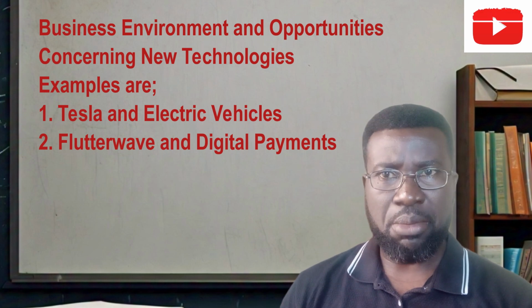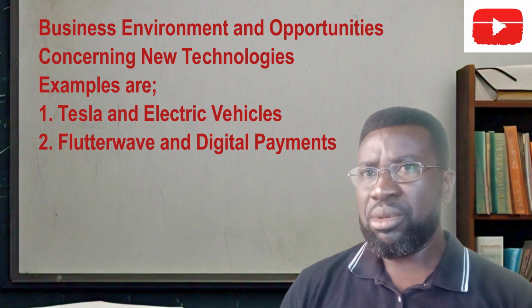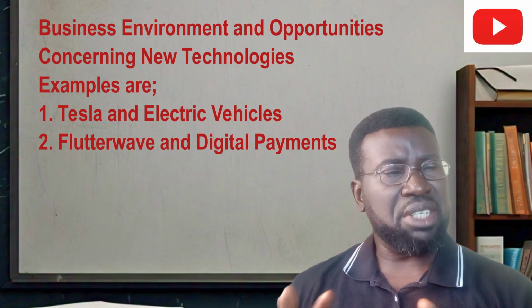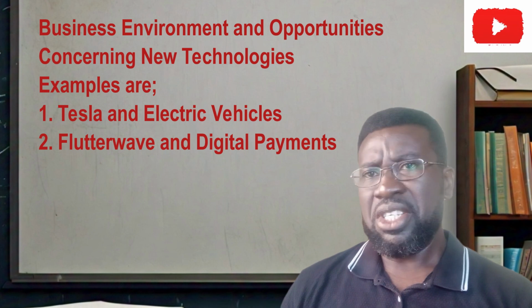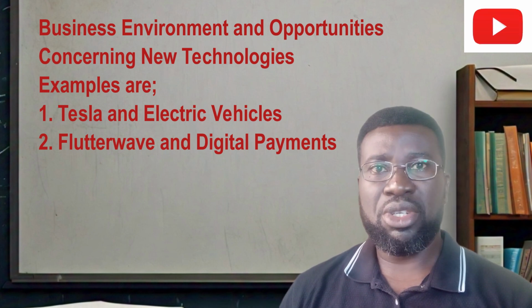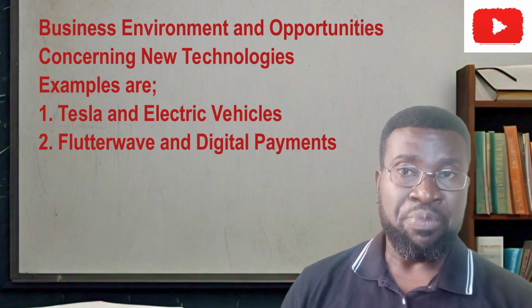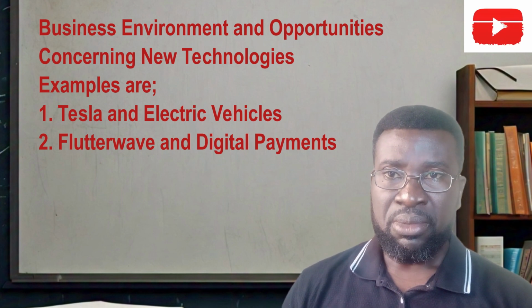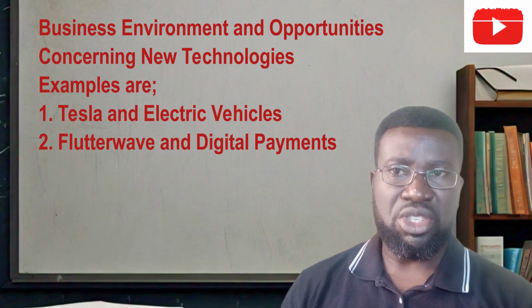Most of us must have heard about Tesla and electric vehicles. The rise of electric vehicle technology has created significant opportunities for companies like Tesla. By investing in battery technology and developing a strong brand, Tesla has positioned itself as a leader in the electric vehicle market. This is a new technology as an opportunity for the business organization.